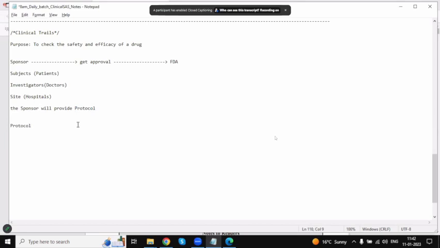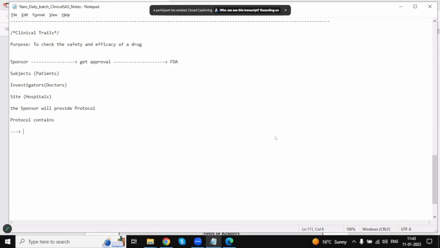So first the sponsor will prepare the protocol. What will this protocol contain? It contains everything, every piece of information about the clinical trials. It means how many subjects are involved, and from which places they are recruited.